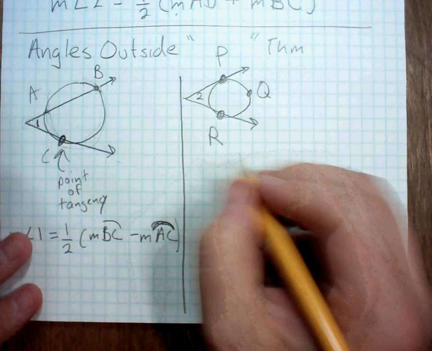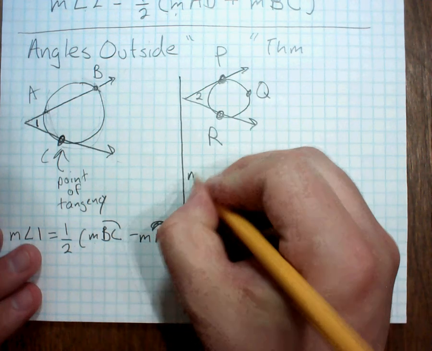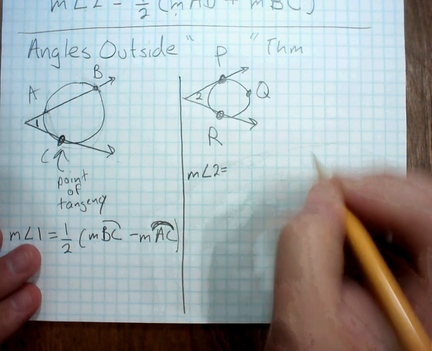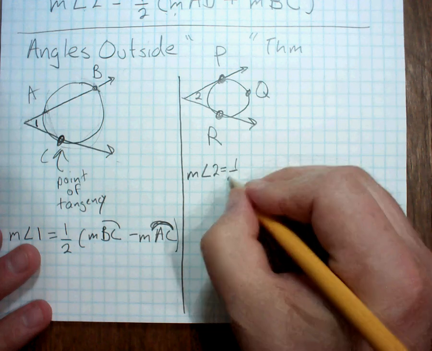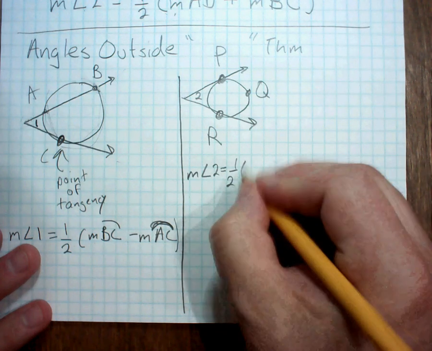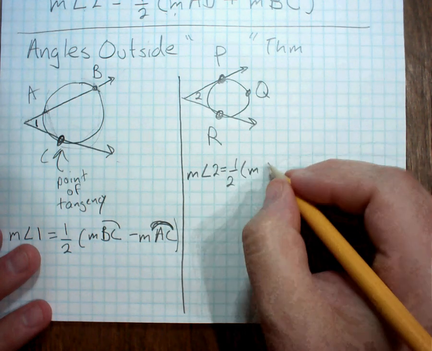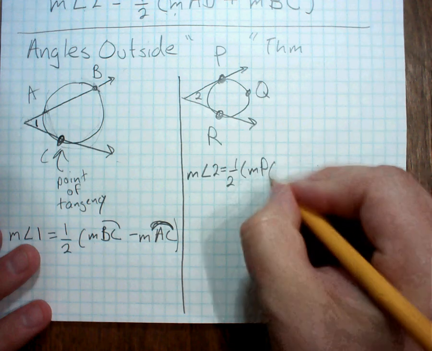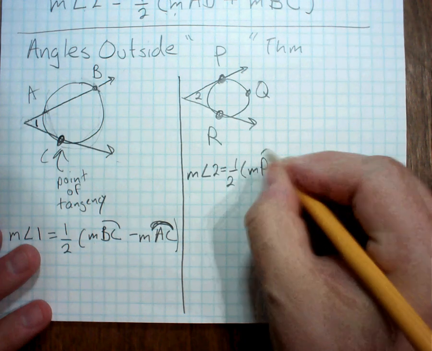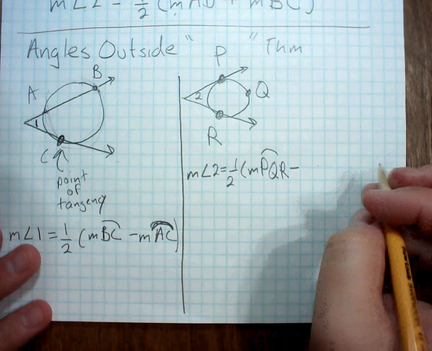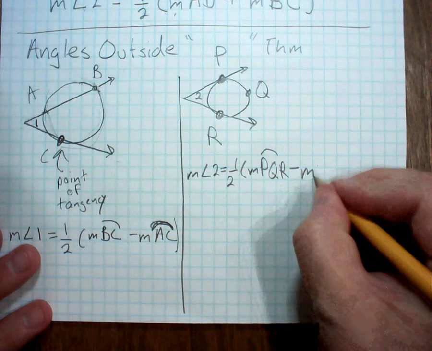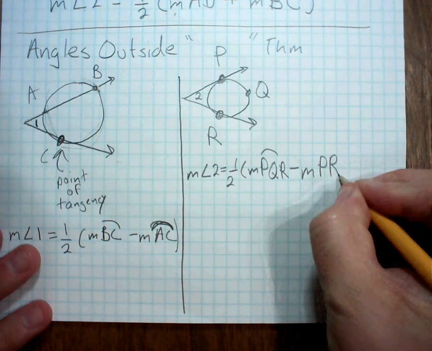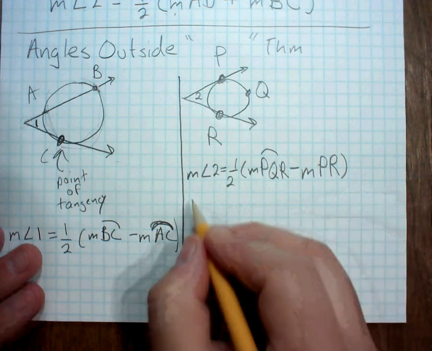So if your scenario looks like this, this is the measure of angle 2, and that's equal to 1/2 times the quantity, the measure of arc PRQ, or PQR, I'm sorry, minus the measure of PR. Okay?